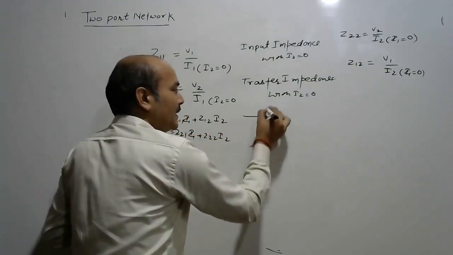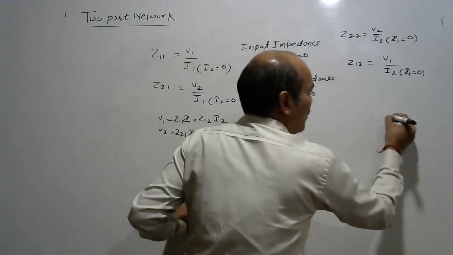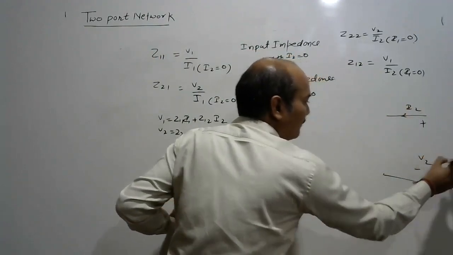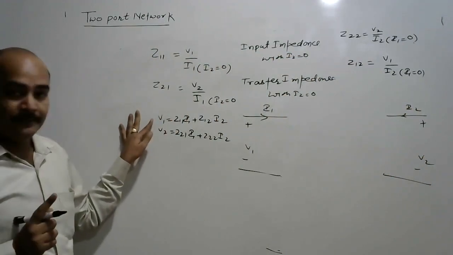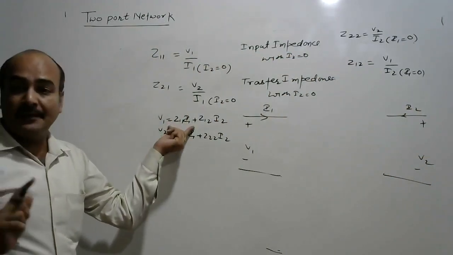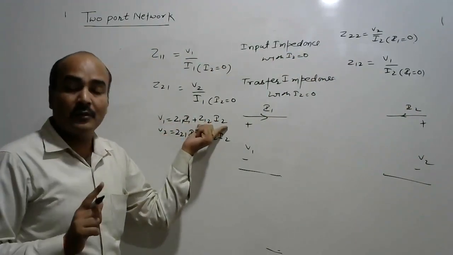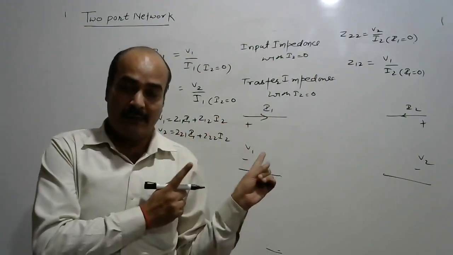For the equivalent circuit, the input port has V1 and I1, and the output port has I2 and V2. See, this term is a voltage. So what is Z11 I1? That is also a voltage, and Z12 I2 is also a voltage, because voltages can be added to give you the final voltage.